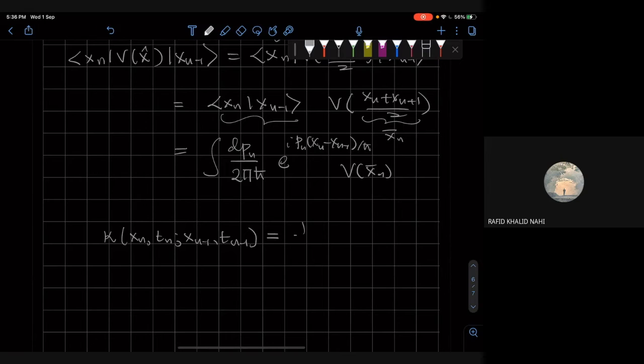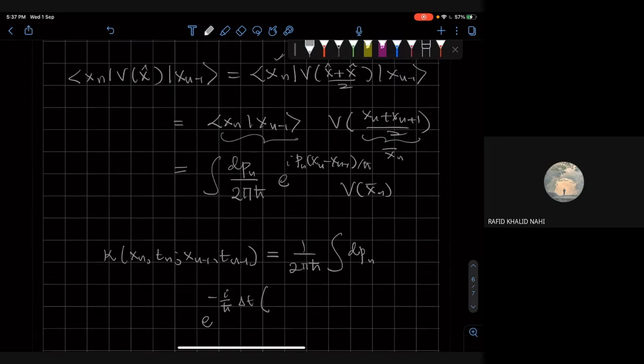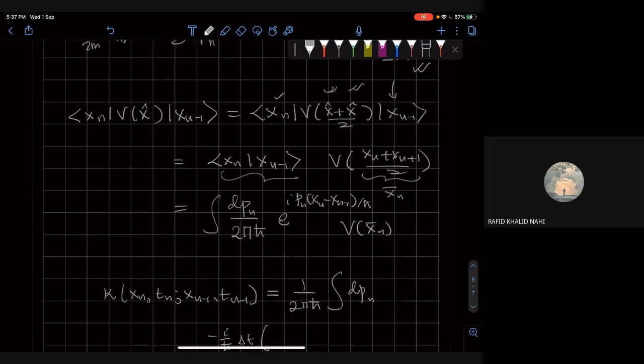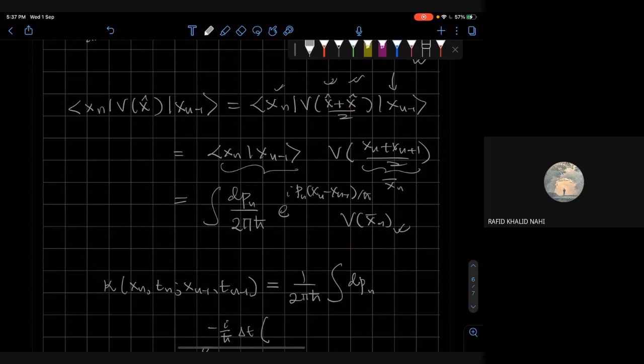And that's given by 1 over 2 pi h bar, integral over, say, pn, dpn, and then e to the power minus i by h bar delta t, and then here what are we going to get? First we are going to get the expression for the Hamiltonian, right? p squared by 2m, and then V of x.